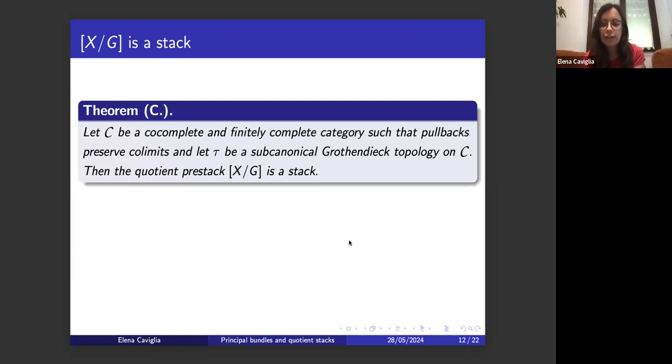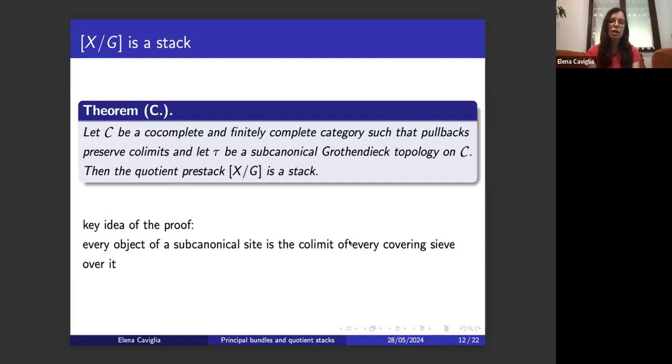So there are different ideas behind the proof, but the most important one is that we use the fact that in a subcanonical site, and subcanonical means that every representable is a sheaf, then every object can be seen as the colimit of every covering sieve over it. And this is just a well-known fact, but it is very crucial for the proof.